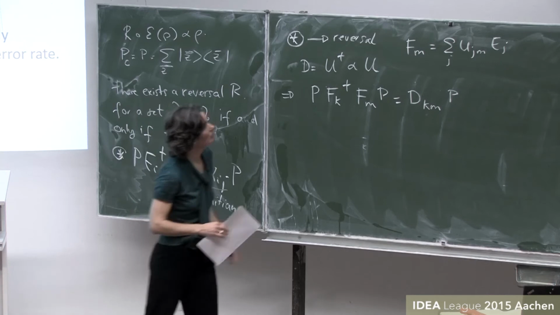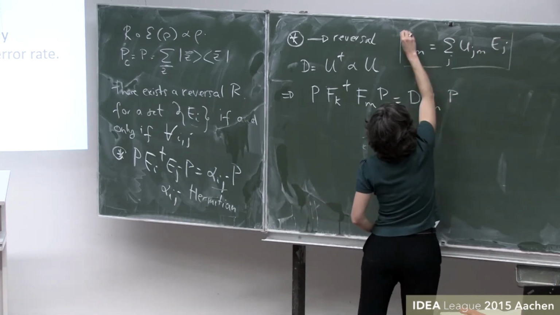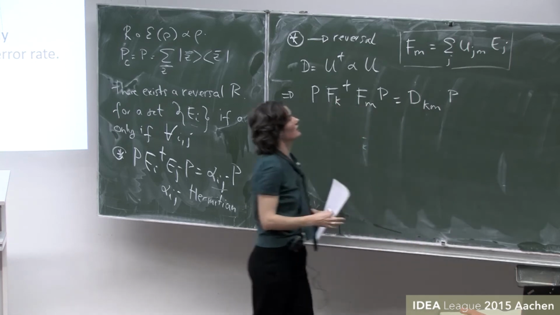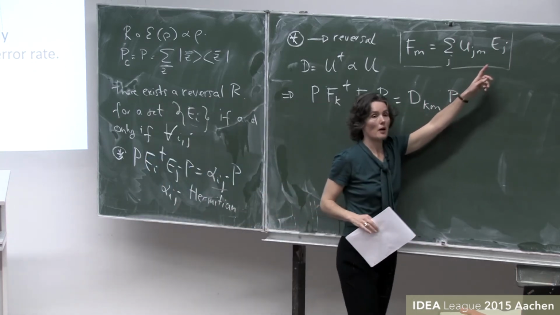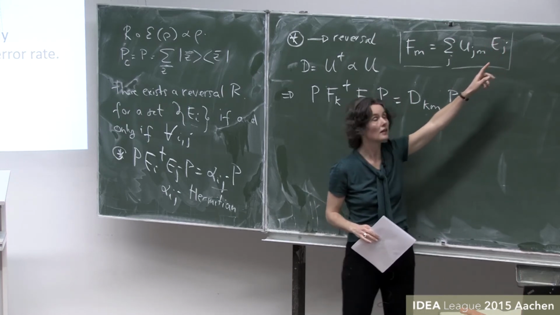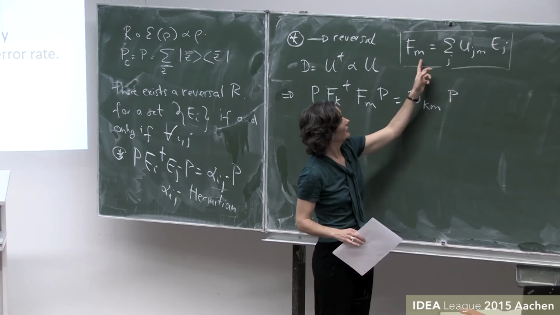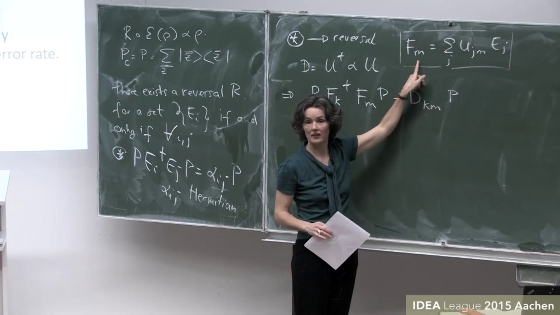Now, I want to make one more comment. You said you know superoperators. So if I have a superoperator with these operation elements or Kraus elements, I can also have a superoperator with these other Kraus elements, right?